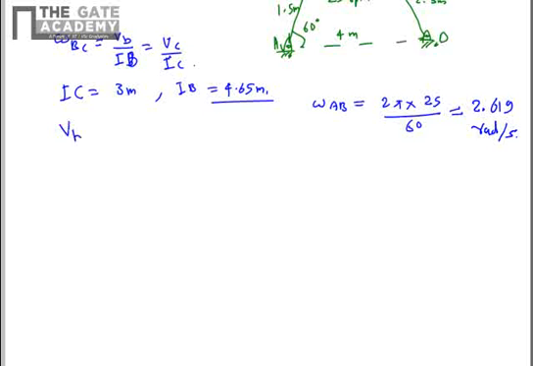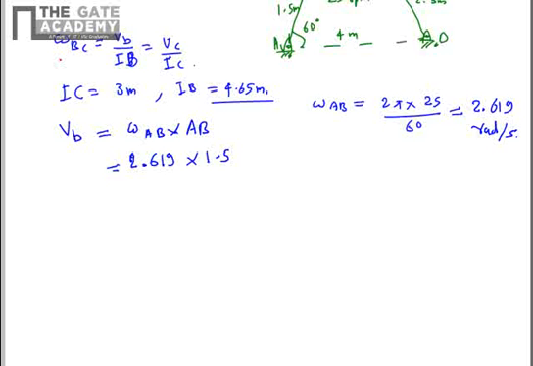Now our problem is to determine omega BC. For that we need VB first. VB will be equal to angular velocity of link AB multiplied by length AB. Angular velocity of AB is found here as 2.619 and length AB is given as 1.5 meters.